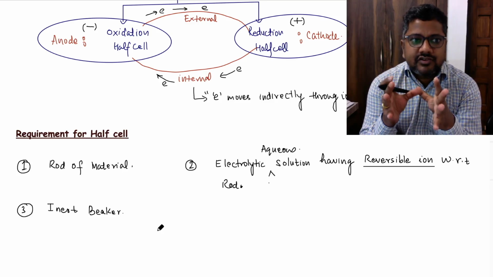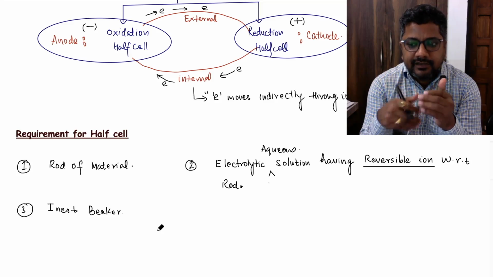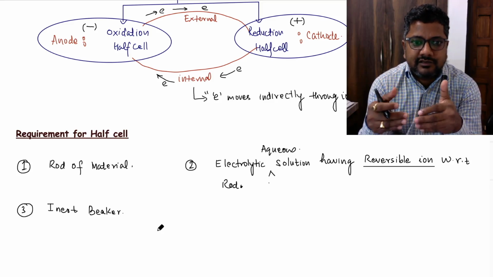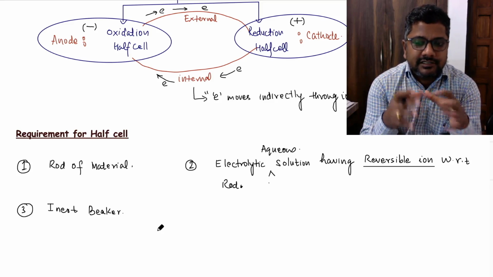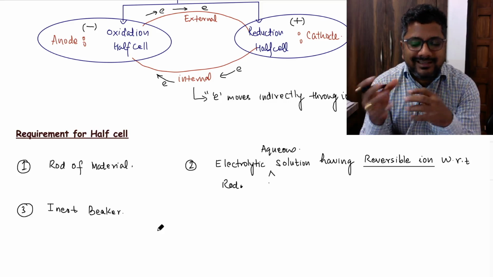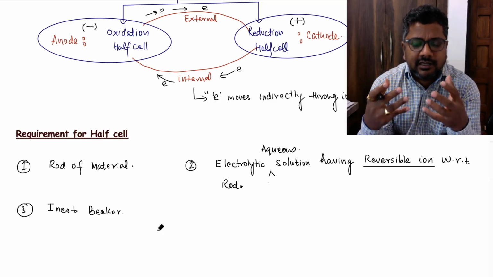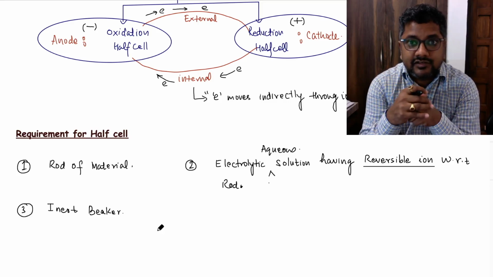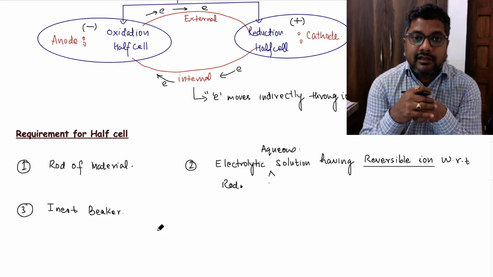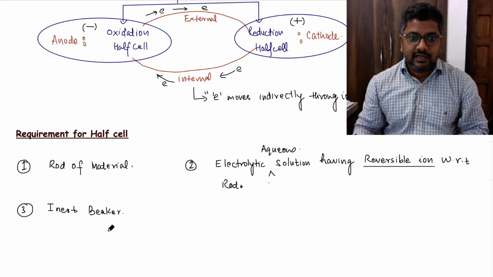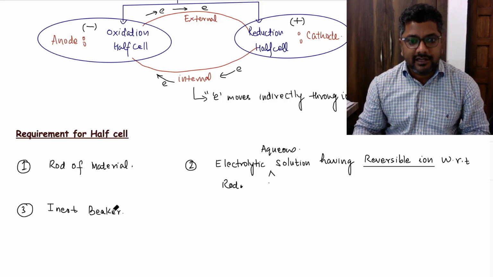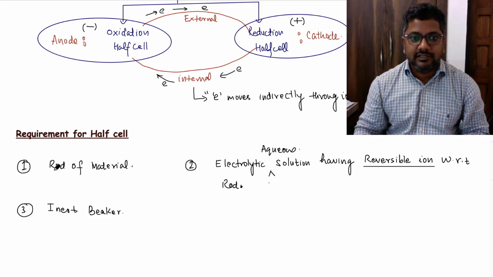So be extra careful in electrochemistry: if a question mentions the beaker and says it is made of some metal, you should think about whether the beaker is part of our half cell reaction. As per my requirement, an inert beaker should be there, because I have taken a rod of the material.